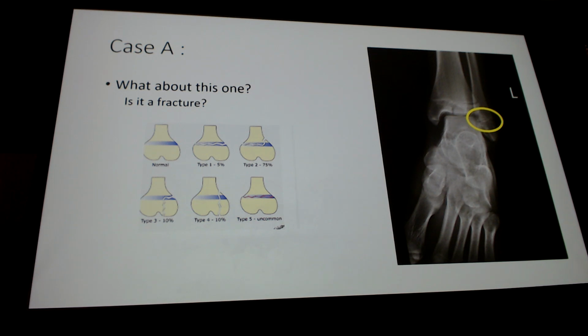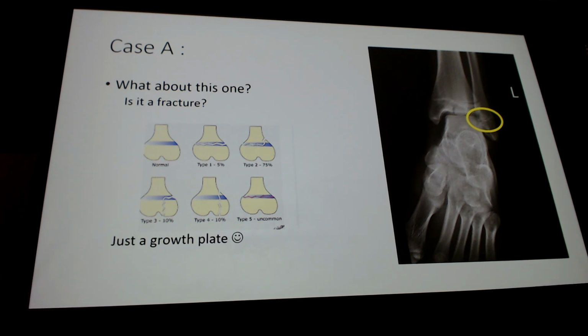What about that one? Is that a fracture? That's just the growth plates right in here. There's a line going down. So maybe this one goes through here and then coming down.